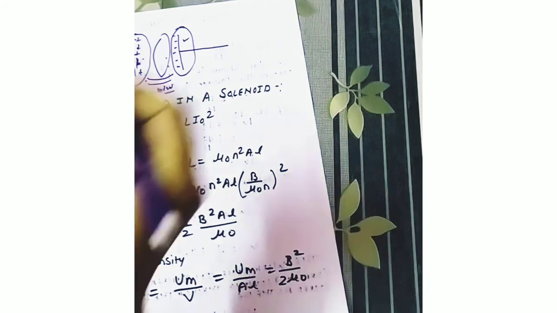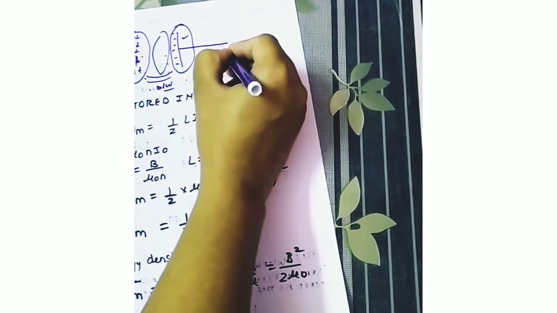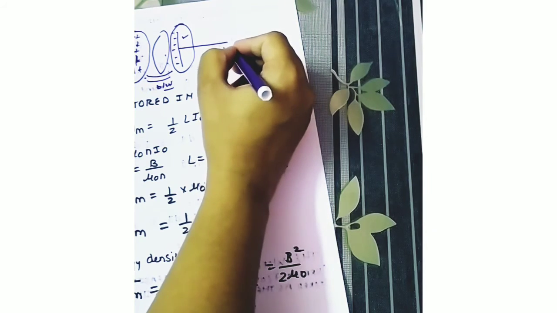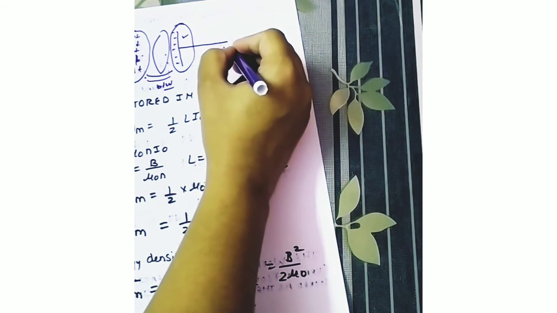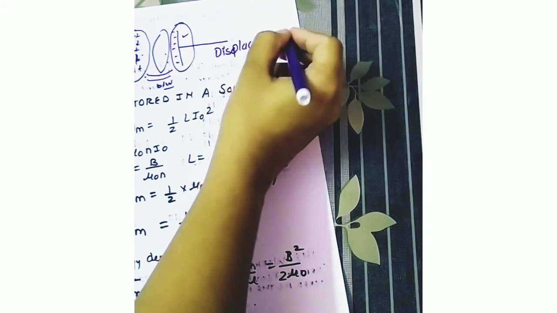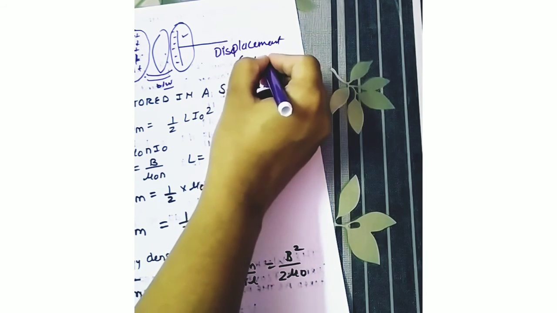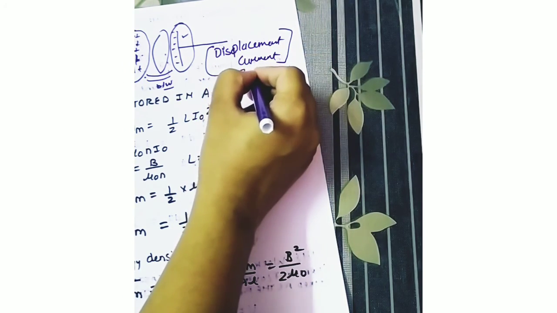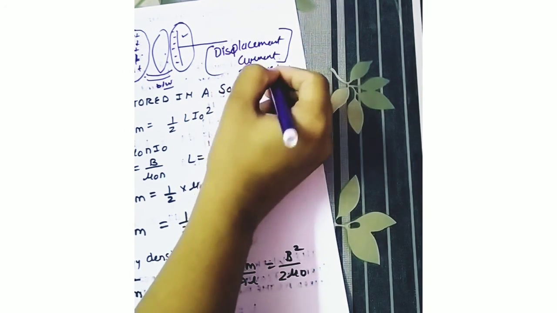See, this topic of displacement current is not in the syllabus this year. Clear? But only for your understanding I have told you what displacement current is, but this year this topic has been removed. Okay, so this is all about this chapter.